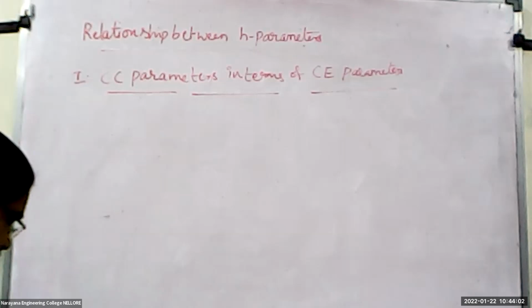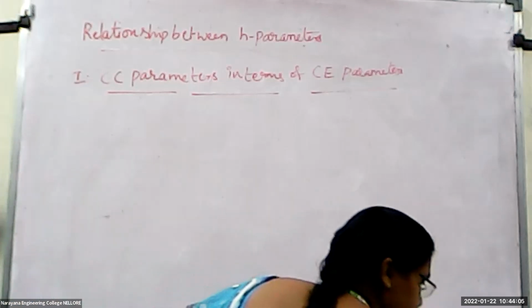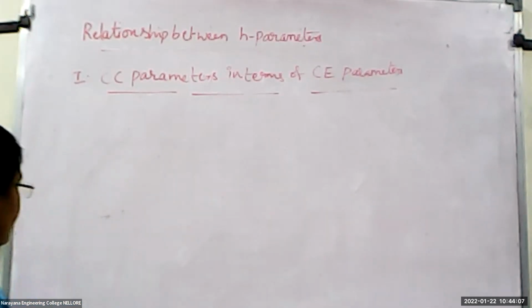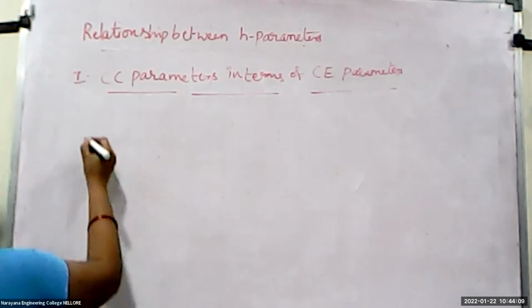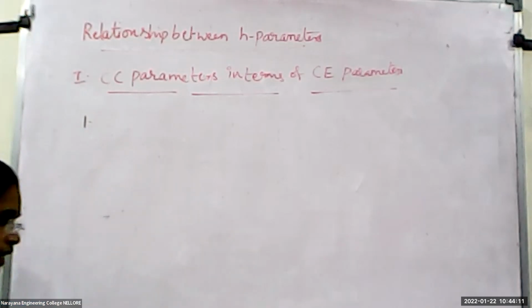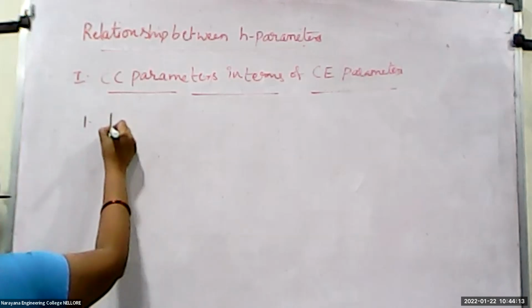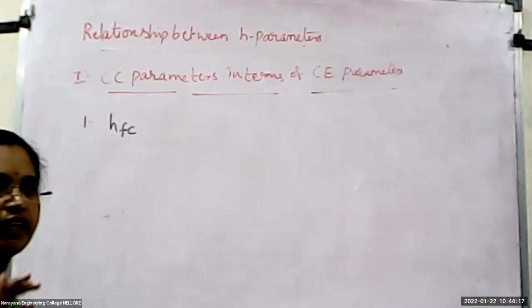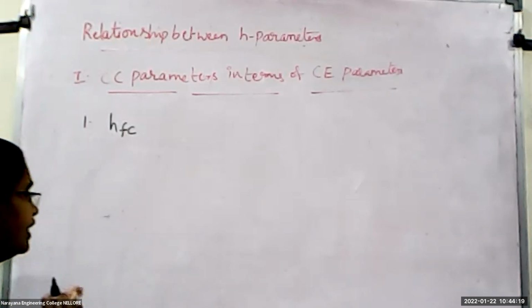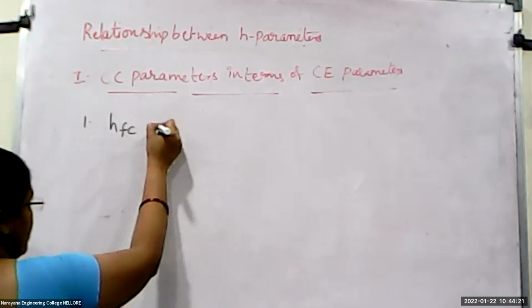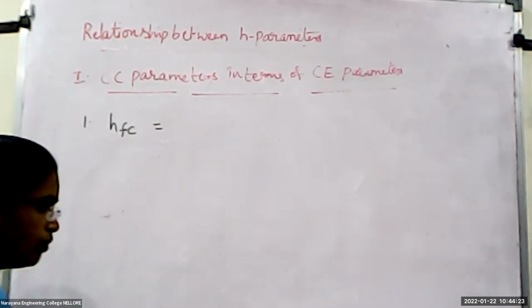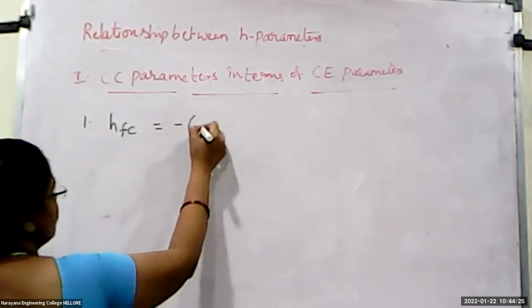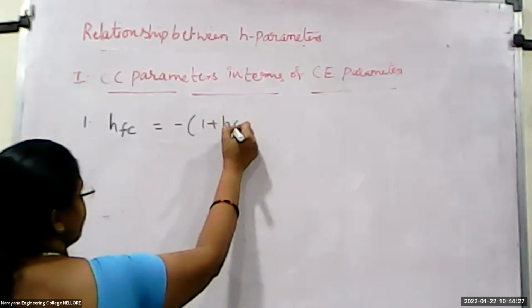CC parameters in terms of CE parameters. First one, the first parameter HFC. Just note down the formulas, no need of the derivation. It doesn't require the derivations. You note down only the relationship, that is just formulas. HFC is equal to minus of 1 plus HFE.